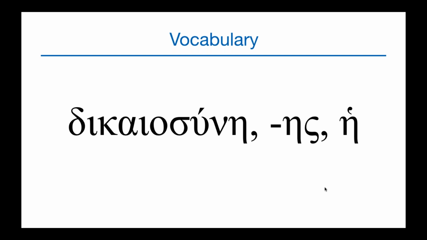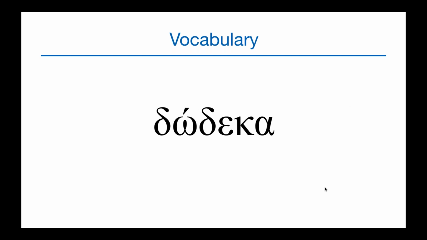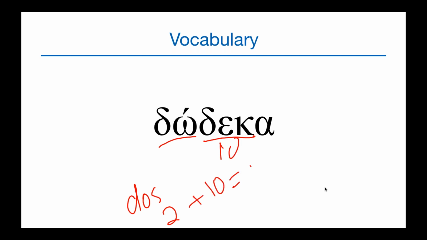Dikaiosune means righteousness. Dodeka. Dodeka means 12. This is a bit of a stretch, but if you look here, do is kind of like duo, which is 2. Deka means 10. So 2 plus 10 is 12.